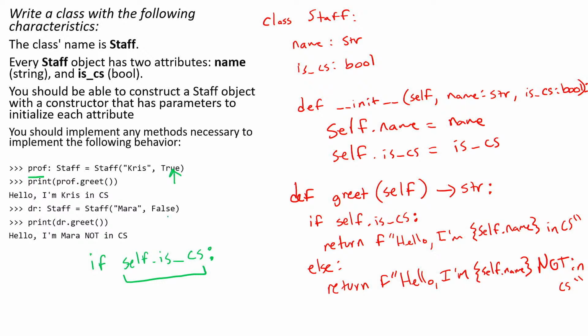Well, on the first object, that would have been true. And we're saying if true, go into the then block and continue there. But with the second object, this doctor object, where we initialize that to be false, and we looked up what is self.isCS, it would have said if false, and that's what would have caused us to go into the else branch instead. And so there's nothing inherently wrong with saying if some Boolean is equal to true, but it is redundant because the Boolean itself has to be either true or false.